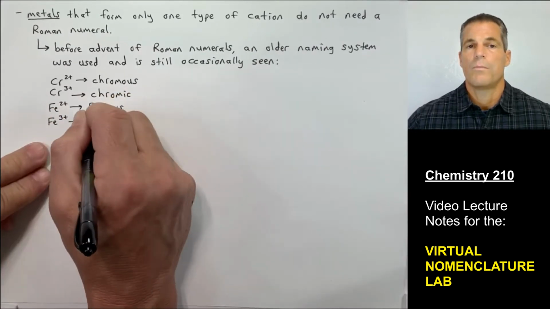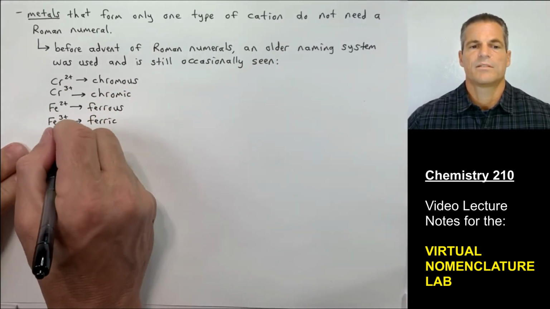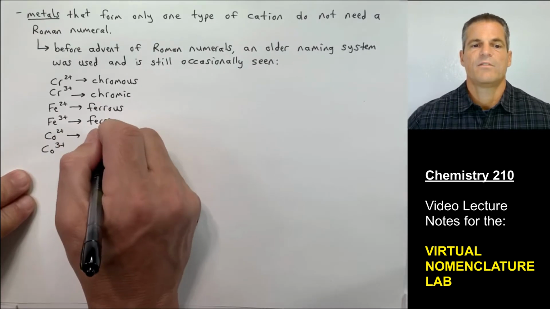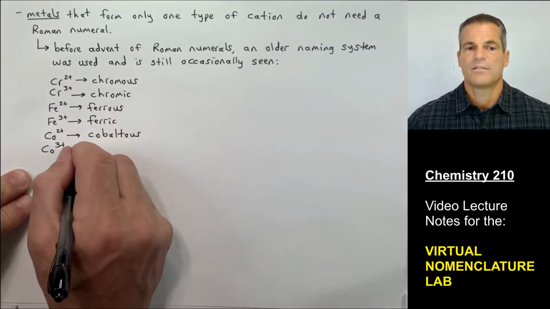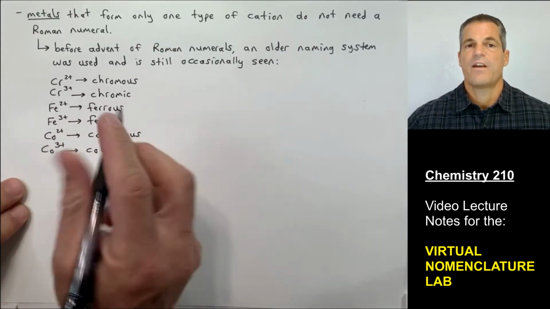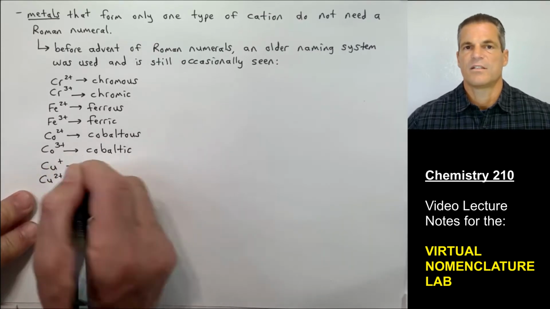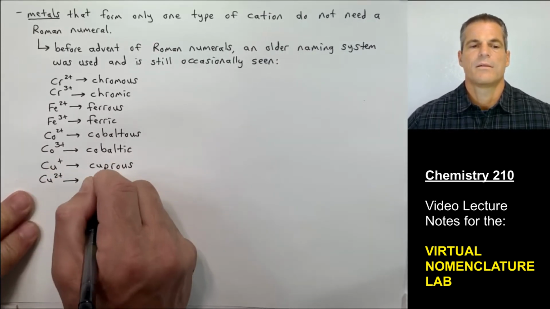Cr2+ chromous, Cr3+ chromic, Fe2+ ferrous, Fe3+ ferric. You can see the -ous and the -ic here, right?